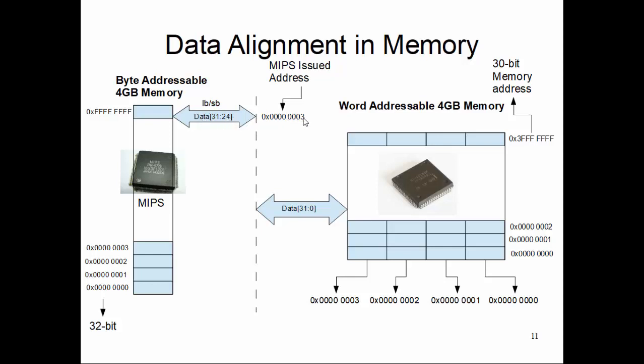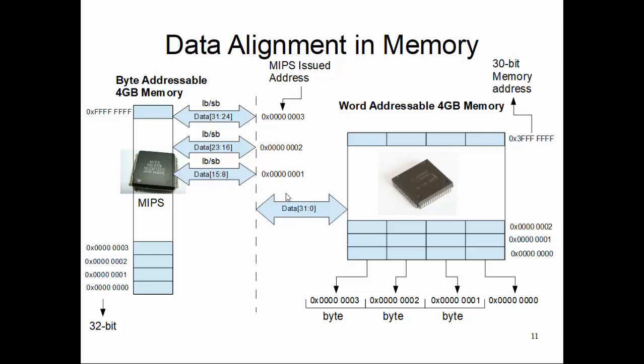For address 2, the other byte, bits 23 to 16, will be picked up as incoming data by the MIPS processor. If the issued address was 1, then bits 8 to 15 will be picked up. And if it is address 0, then the least significant byte will be picked up by the MIPS processor.